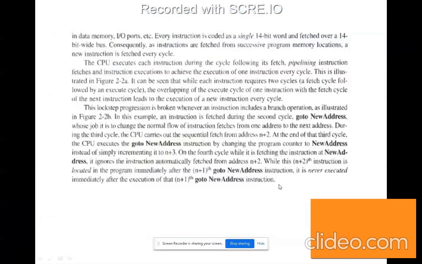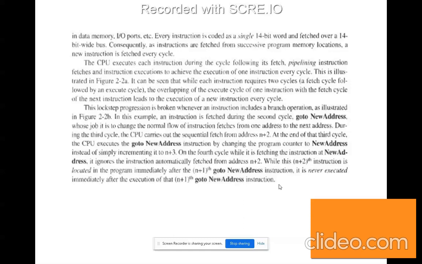Consequently, as instructions are fetched from successive program memory locations, a new instruction is fetched every cycle. I think you all know the pipelining technique, which you already studied in the 8085 microprocessor. This technique is applied in the 8085 microprocessor itself.